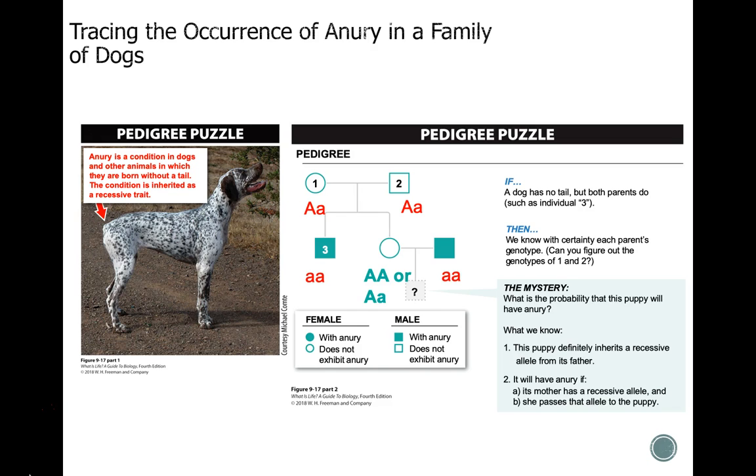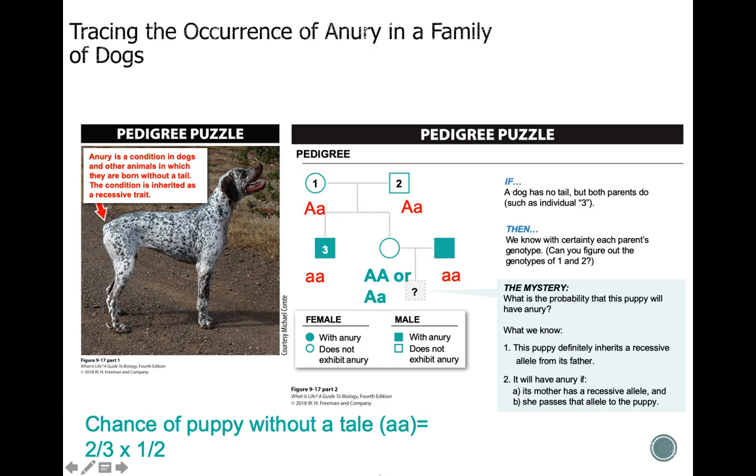The chance of her being heterozygous is 2/3. Then the chance of her passing on that allele for anury is 1/2. So the chance of a puppy being without a tail is 1/2 times 2/3. So there is a 1 in 3 chance that a puppy from that litter would have the anury condition.